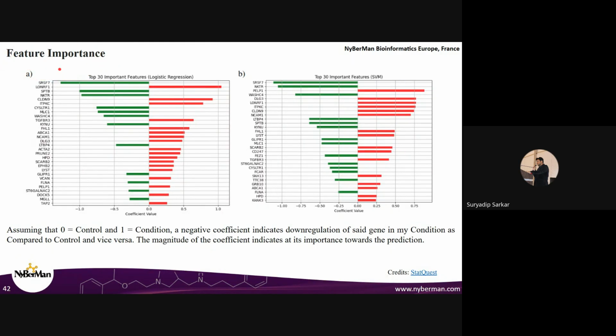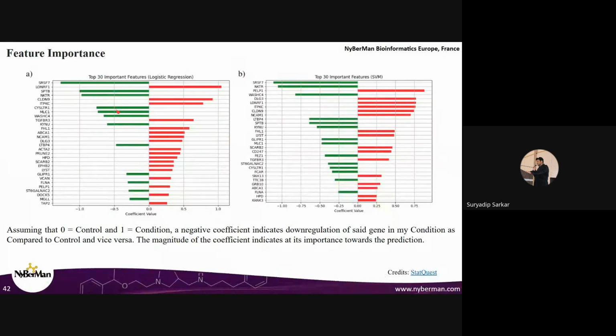Even in case of random forest and decision trees, you can get the feature importance. But for boosting methods like gradient boost and XGBoost, you have to use something like SHAP, or Shapley explained variables.